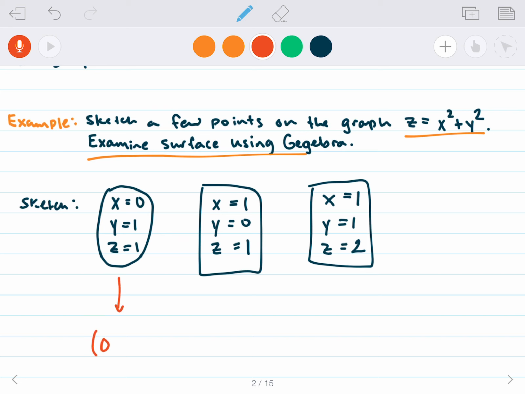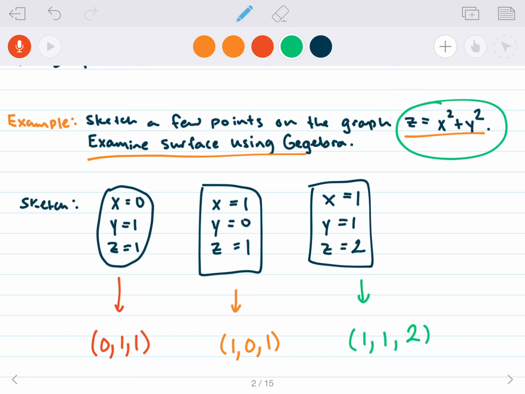This one is x is 0, y is 1, z is 1. This one is x is 1, y is 0, z is 1. And this one is x is 1, y is 1, z is 2. There are infinitely many points on this graph that satisfy this equation, but these are just 3 points that are actually on the graph.